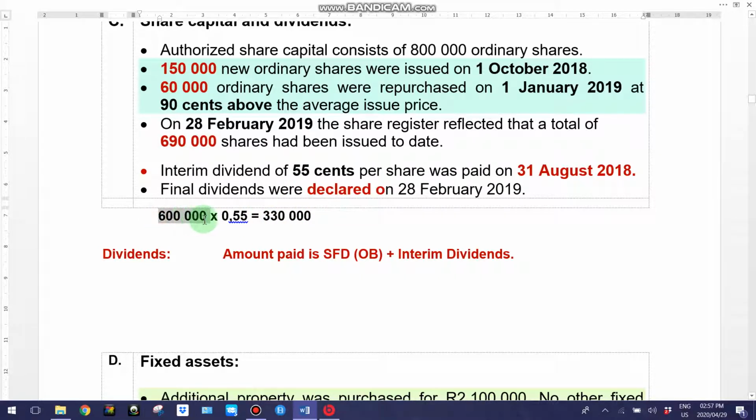So you need to know how many shareholders are getting this interim dividend, and to establish that, you need to look at the dates. This date here and the date when the new shares were issued. So if this was the 1st of July, and then in August they were getting the interim dividend, then you will include these people as part of this number that is getting the interim dividends. Okay, so that's the other way in which they would do it.